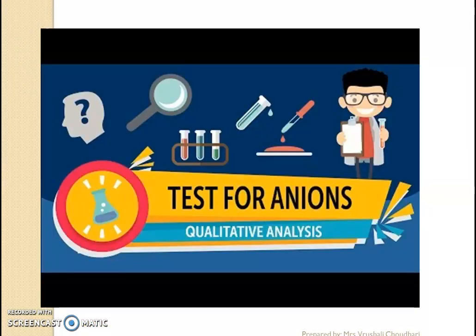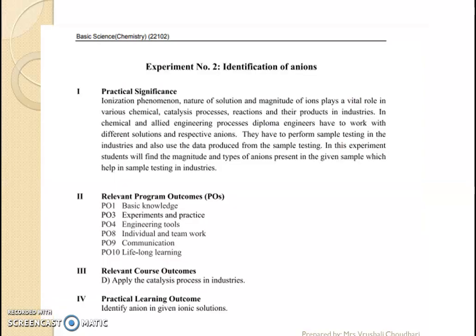Today we are going to perform tests for anions, that is a qualitative analysis. We are going to find out which anion is present in a given sample solution. What are anions? These are the non-metals, like carbonate, oxides present in a solution that we are going to find out.